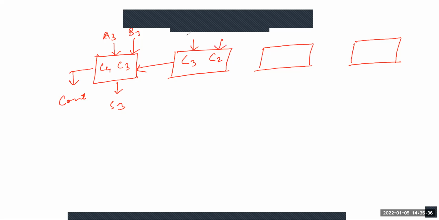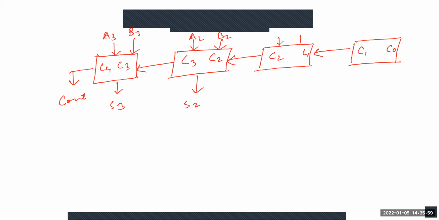So this is A2 and B2. This is S2. Now this is C2, C1, and this is C1, C0.